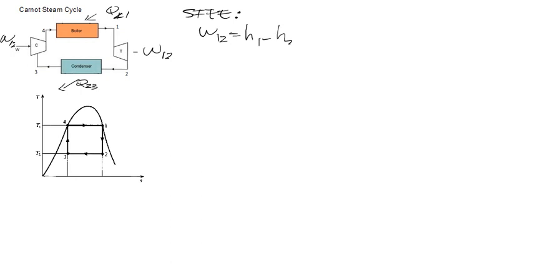And please remember, from here, we are going to ignore the changes in kinetic energy, equal to 0. We are going to ignore the change in potential energy. So what is left is just the internal energy and the flow work. Therefore, for W12, we are going to have this type of equation, H1 minus H2.